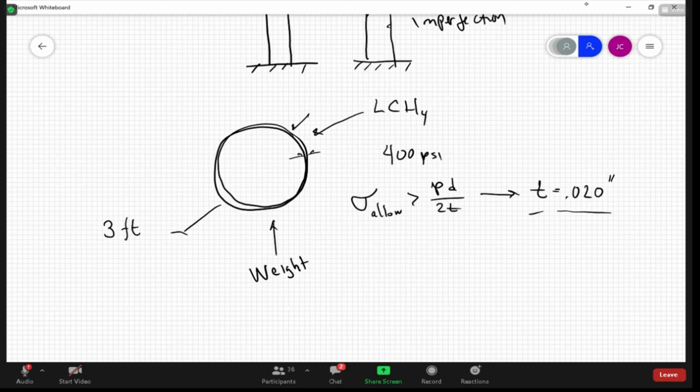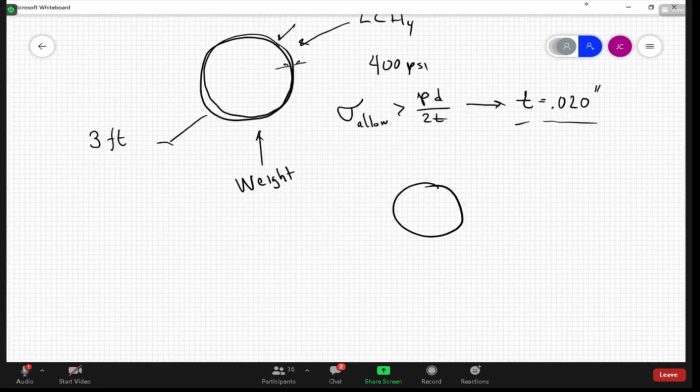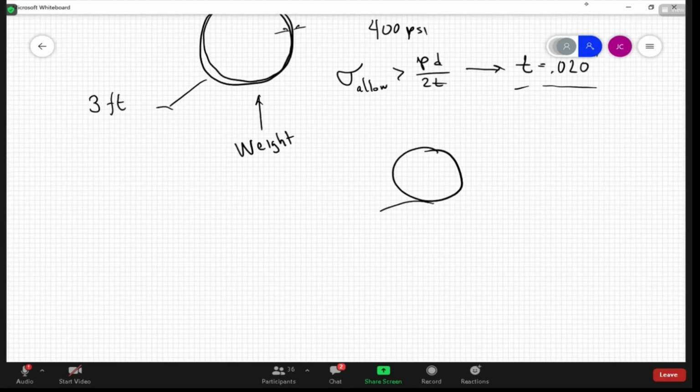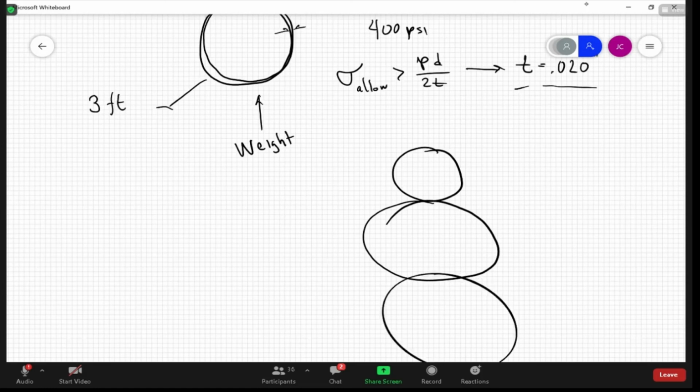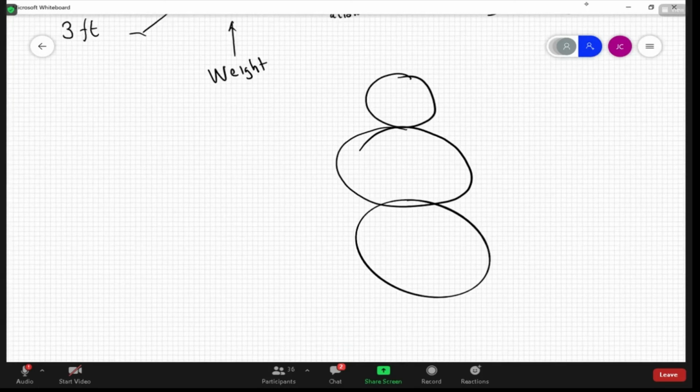Another one we have to consider is the way these tanks are configured: it looks like a snowman. We have 3 tanks. Down below we have the liquid oxygen tank, then the liquid methane tank, and then a very high pressure helium tank that pressurizes these. In fact, we call it the snowman design.